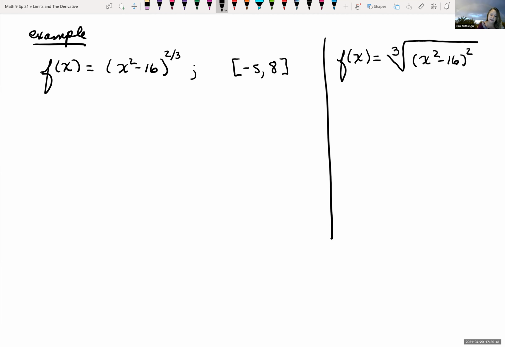And since this is a cube root, I don't have to worry that I can't have a negative underneath the radical. If this had been a square root, then I need to start being concerned. But because this is a cube root, all values of x are in my domain. I can plug any number in there for x and get back a real number. And so I'm okay. And I know that this is a continuous function.